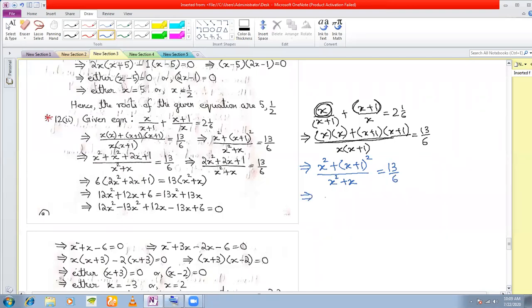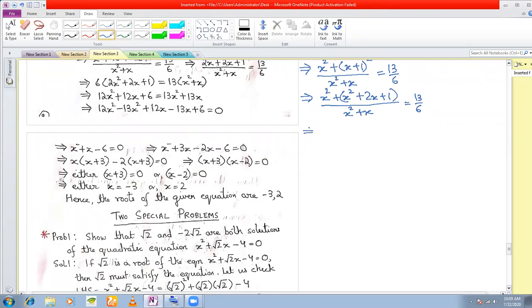Or let me first simplify the left hand side, then I'll cross multiply. We maintain the brackets, I will open the brackets later. x square plus 2x plus 1 divided by x square plus x is equal to 13 by 6.